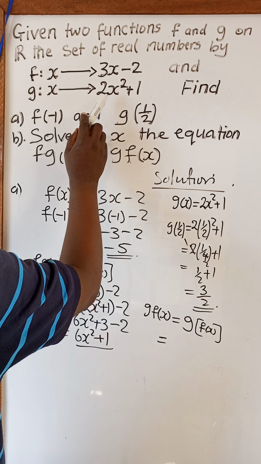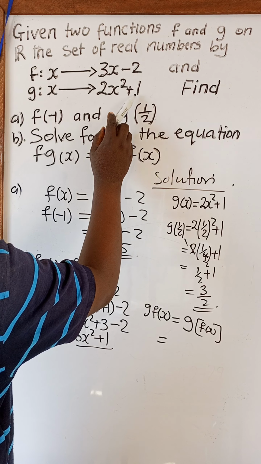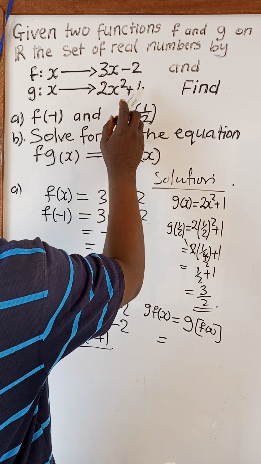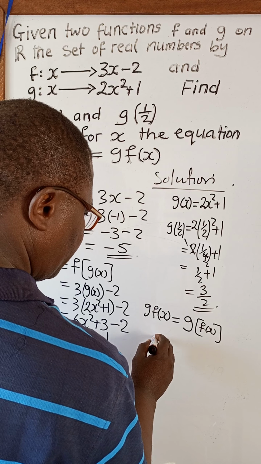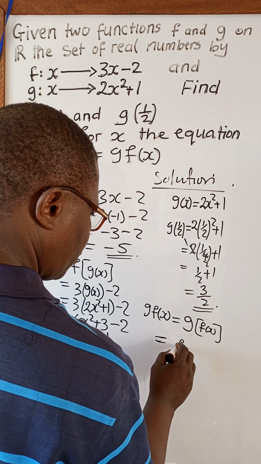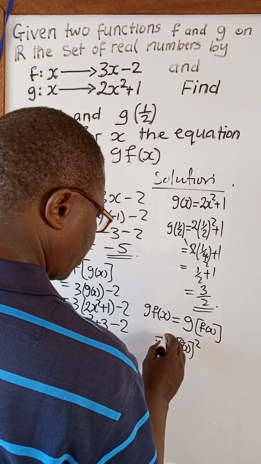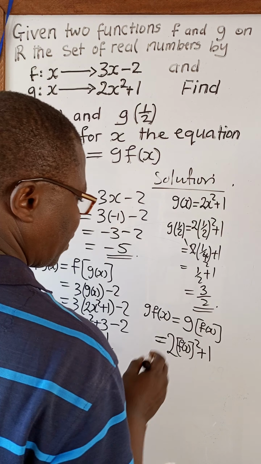Whatever g carries, it first of all squares it, multiplies the result by 2 and adds 1. So it squares, multiplies by 2 and adds 1. So g is now carrying f of x. It's going to square f of x, multiply the result by 2 and add 1.